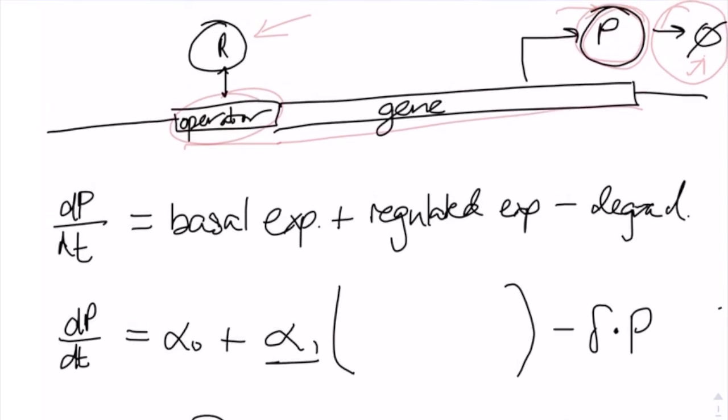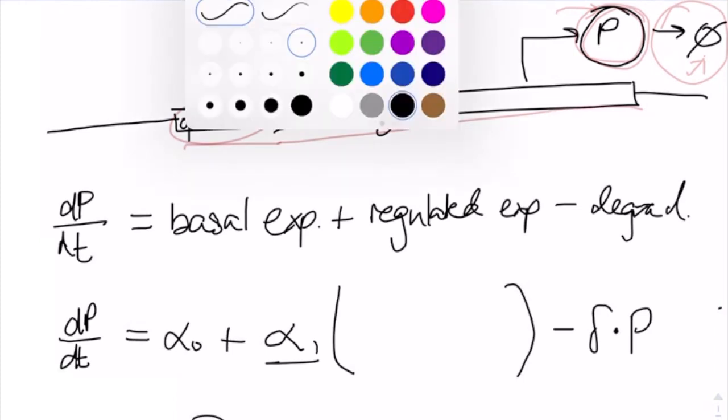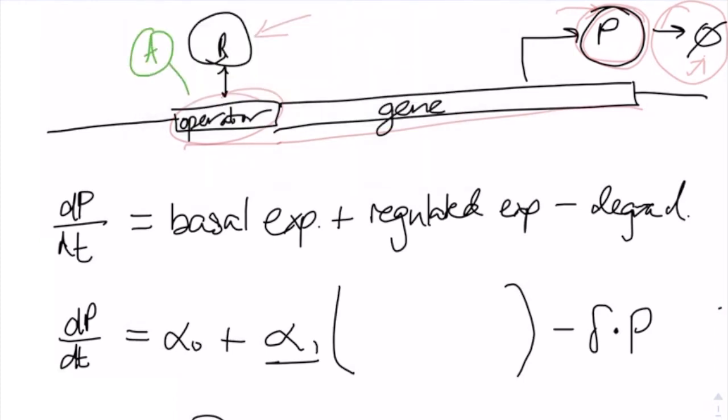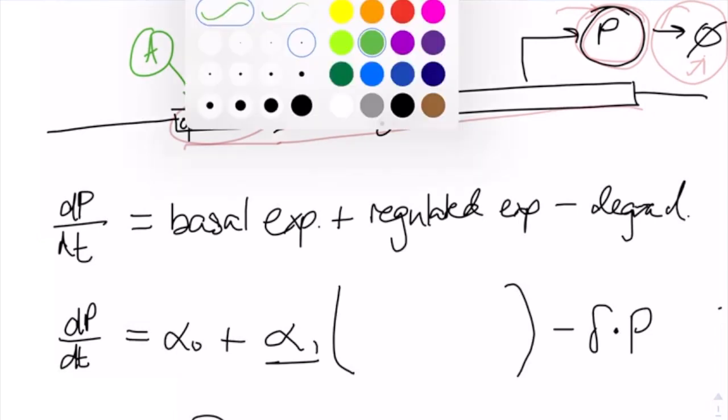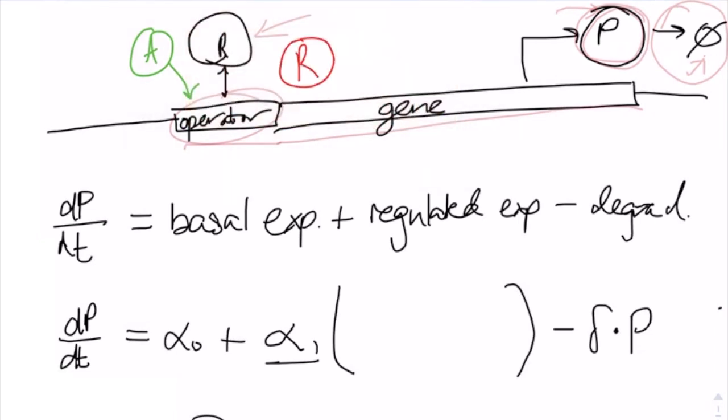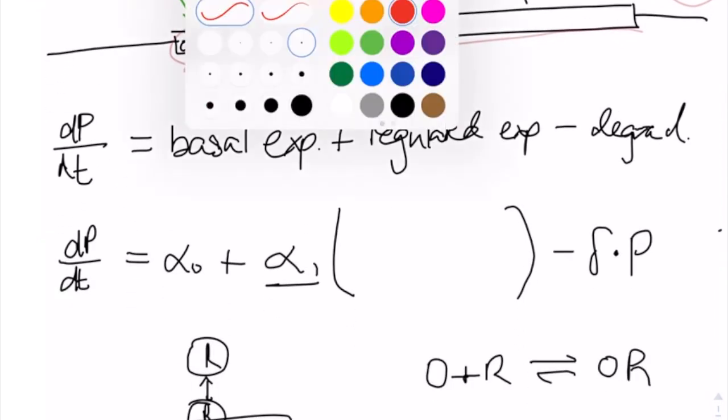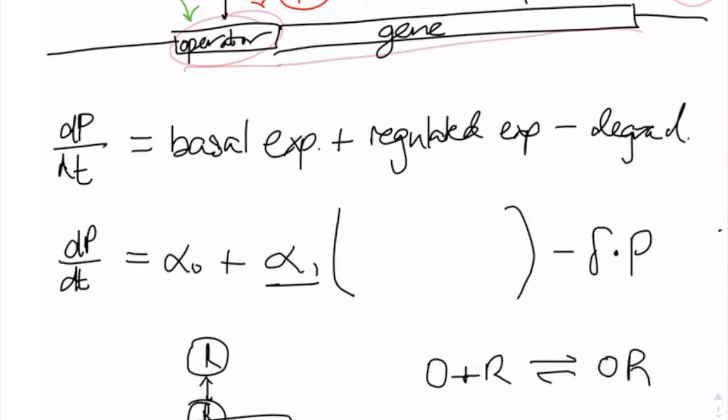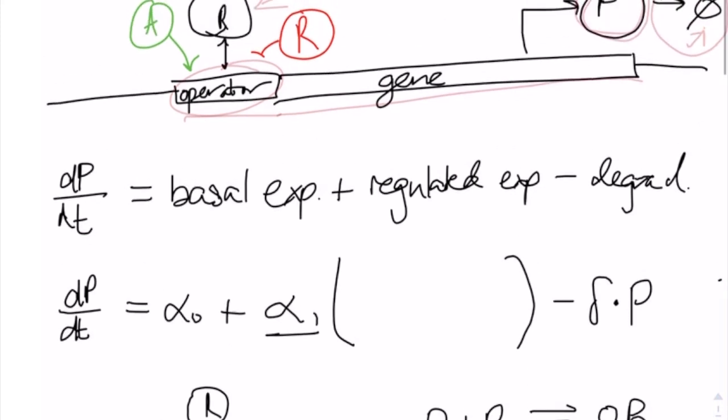Now this will depend on whether or not this regulator is an activator, which will enhance gene expression, or a repressor, which will inhibit it. Let's just say that this is an activator. So we will use A for activator. Our concentration of activator over Kd over A over Kd plus 1.